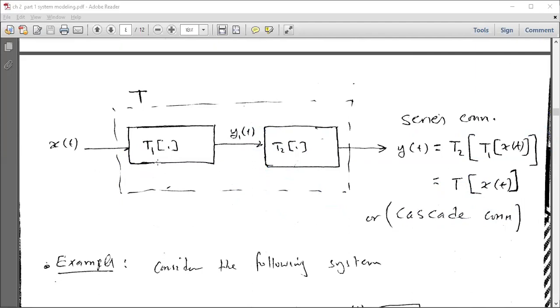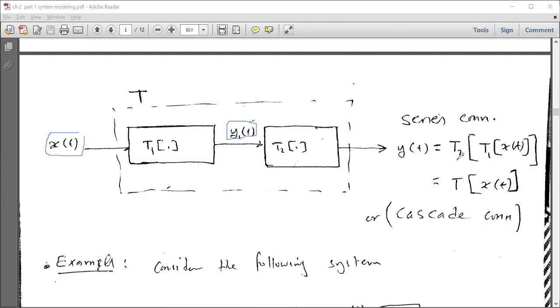Let's see the series connection. You have one system and the other system. This is one system, this is the other system. The first system has y1. What is y1? It's the transfer of x. But what is the overall y? It's the transfer of y1 as an input.